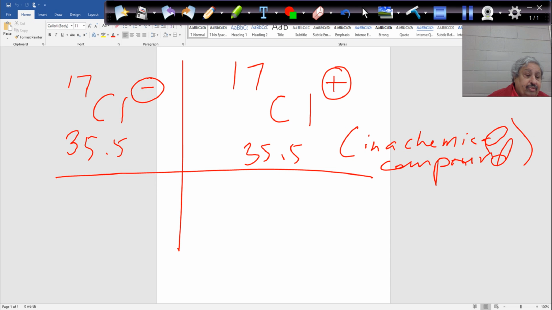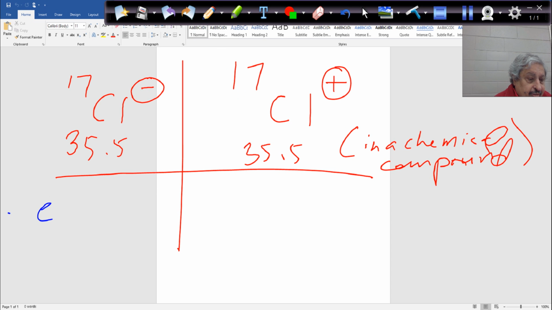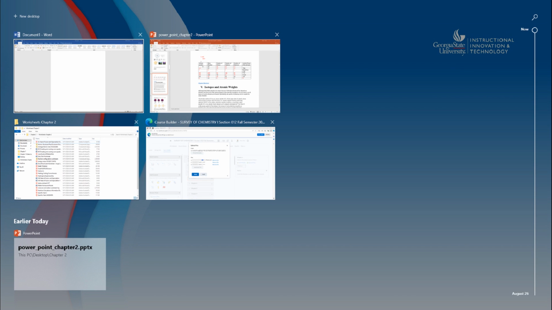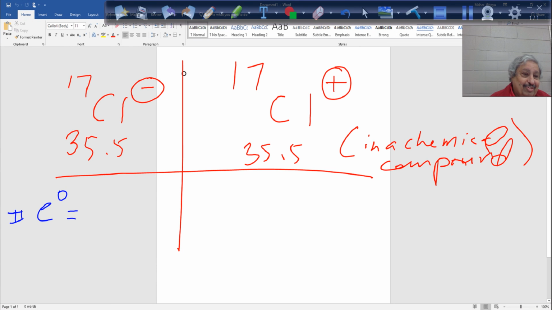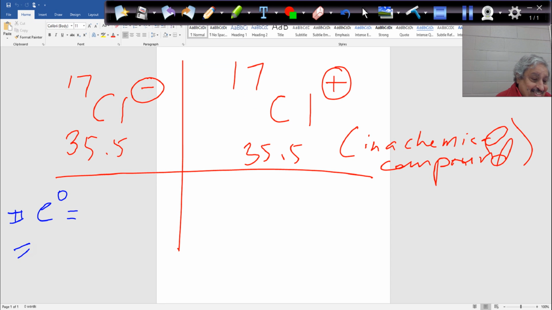So now we'll do those three for me. Number of electrons, correct? Oops, sorry. It took it out very quickly. And number of protons, number of neutrons.